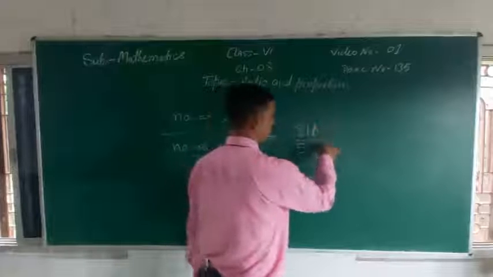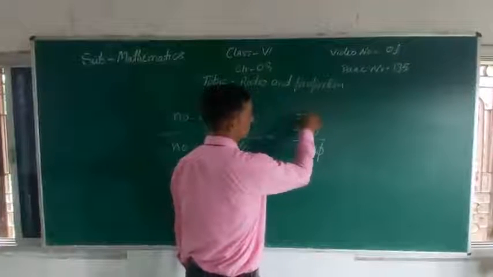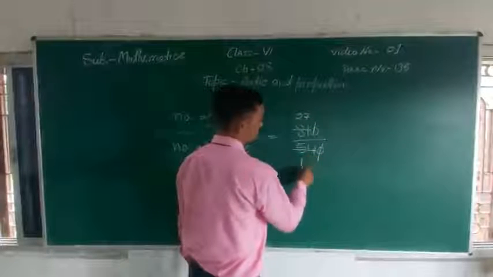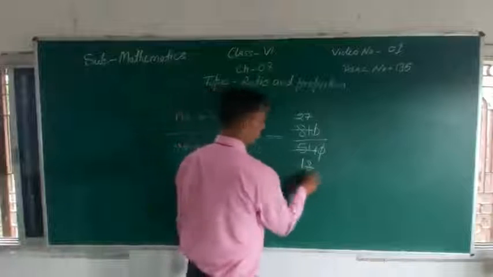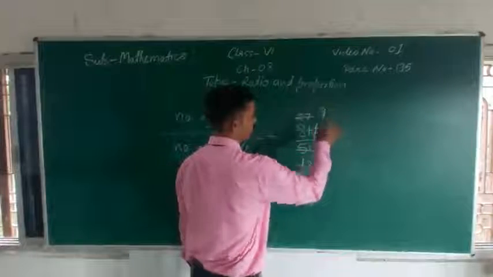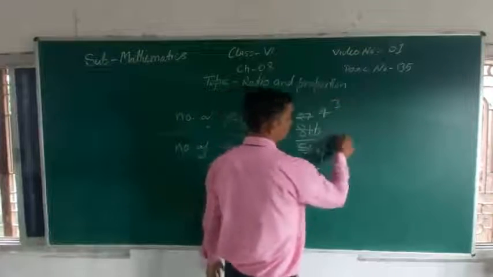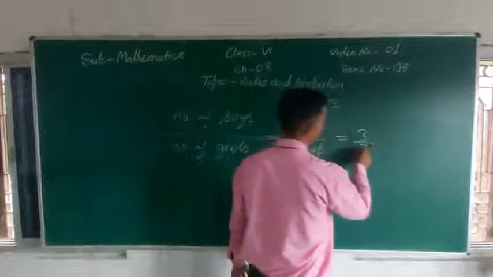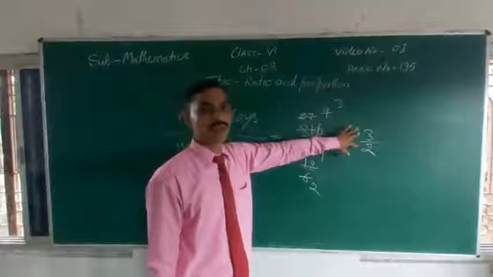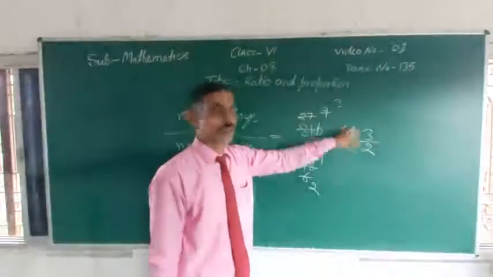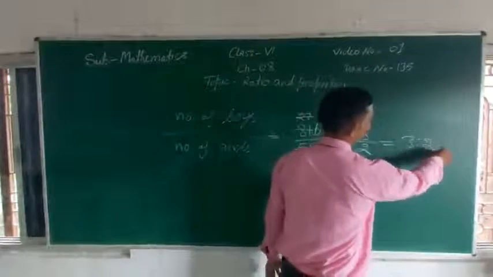Just cut 0 with 0. Now 3 sixes are 18... dividing by 3, 270 upon 180, again by 3, 90 upon 60, again by 3, we get 3 upon 2. In simple words, 3 by 2 is a fraction of the same kind of quantities in the same unit, which can be written as 3:2.